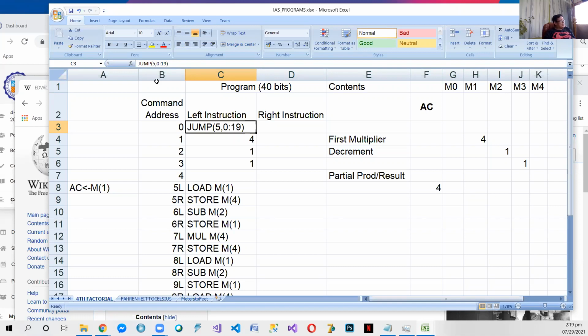So if you have 20-bit instructions and 40-bit words, and you make this linear, only half of the word will be used at a time to store instructions. For data, there's no problem. It will occupy the whole 40 bits. But for instructions, only half of the word will be used because the instructions are only 20 bits.